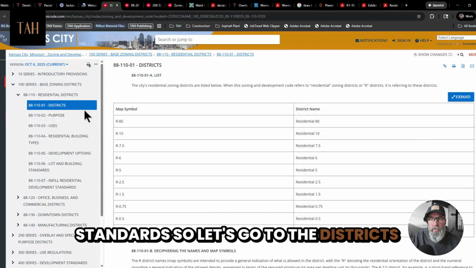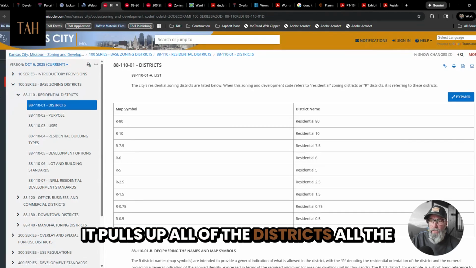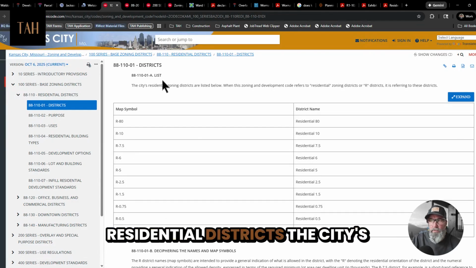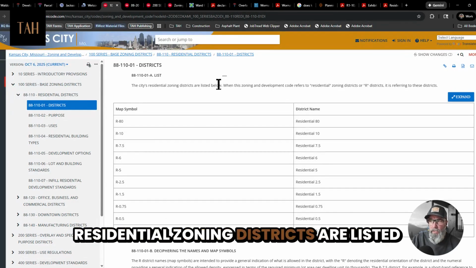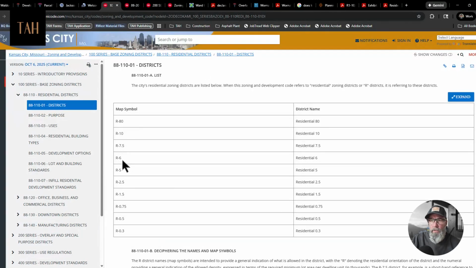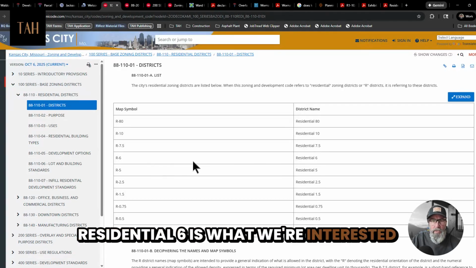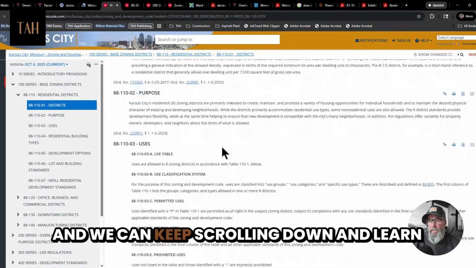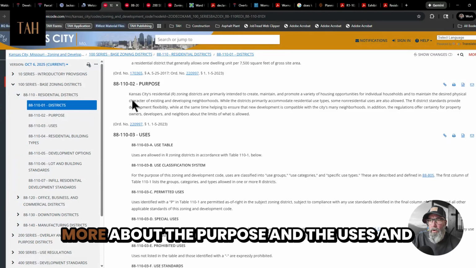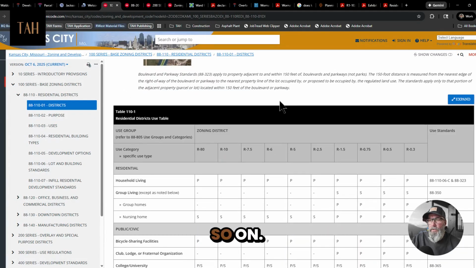So let's go to the districts, and you can see over here on this side, it pulls up all of the residential districts. The city's residential zoning districts are listed below, and they have the map symbol. R6 is what we were looking at. Residential 6 is what we're interested in today. And we can keep scrolling down and learn more about the purpose and the uses and so on.